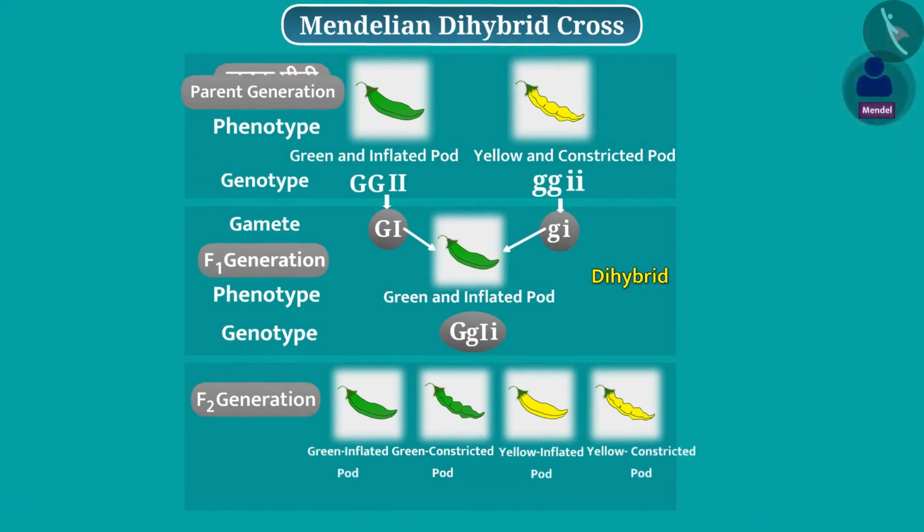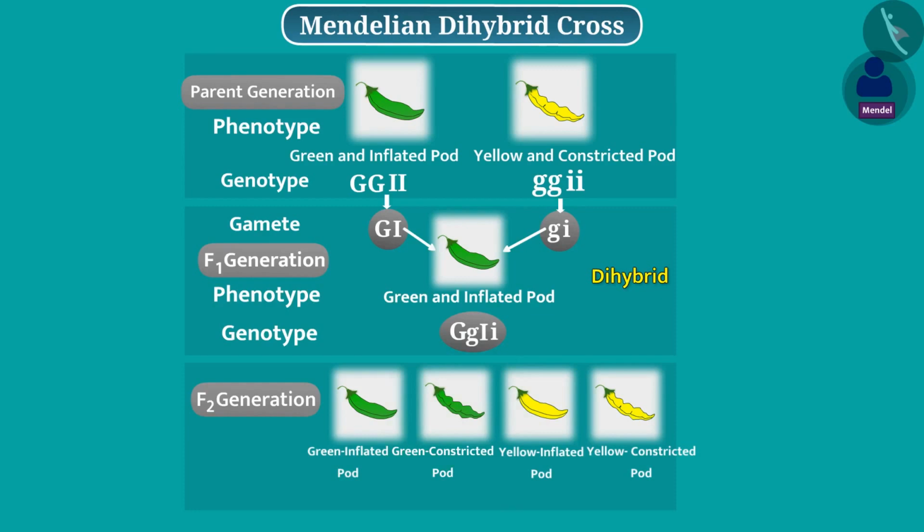Mendel found that in the parent generation, inflated pod was green in color and constricted pod was yellow in color. But in F2 generation, there were pods which were inflated but were yellow in color. Similarly, there were pods which were constricted but green in color.